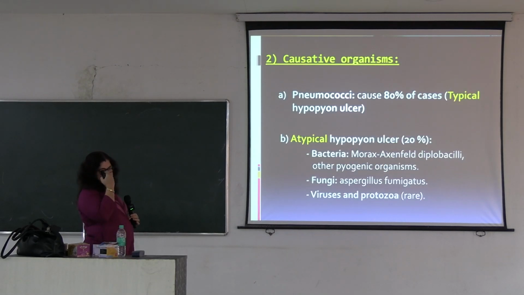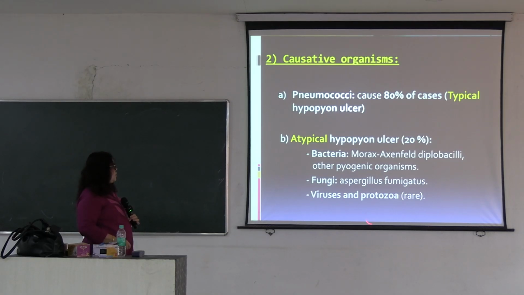Then the causative organism. If the hypopyon corneal ulcer is caused by pneumococci, 80% of hypopyon corneal ulcers are caused by pneumococci, and this is called typical hypopyon corneal ulcer. And the other is the atypical hypopyon corneal ulcer, which is 20%.